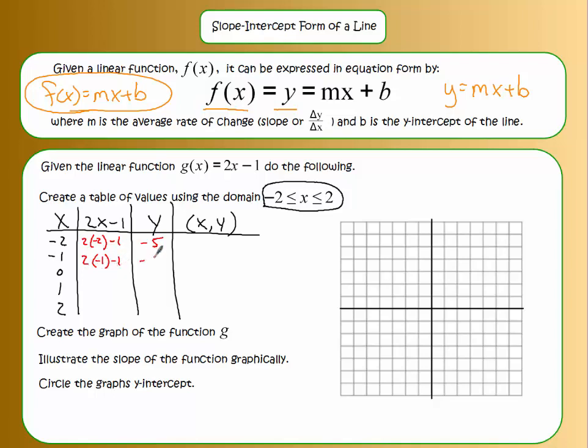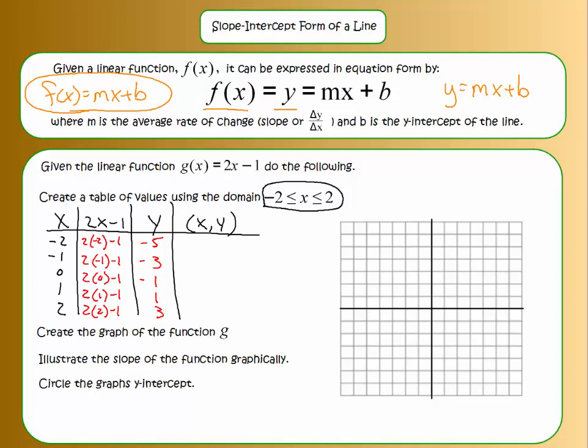Minus 1 more is negative 3. 2 times 0 minus 1 is going to give me negative 1. Anything times 0 is 0. Minus 1 is minus 1. Then I have 2 times 1 minus 1. 2 times 1 is 2. Minus 1 is 1. And finally, 2 times 2 minus 1 is going to say 4 minus 1, which is 3.